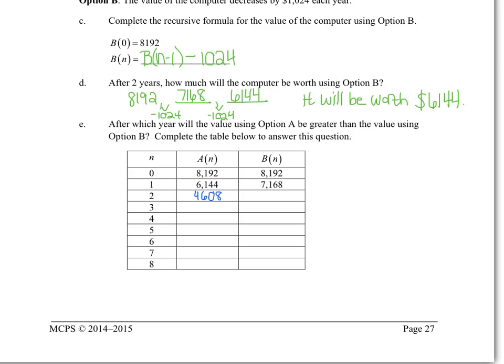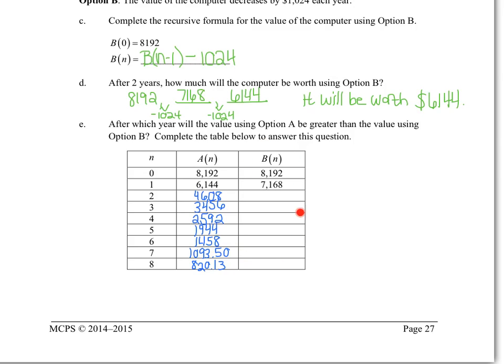That number times 0.75 is 3,456. Times 0.75, we have 2,592. Times 0.75, we have 1,944. Times 0.75, we have 1,458. Times 0.75, we have $1,093.50. And if we multiply that number times 0.75, we have $820.13.